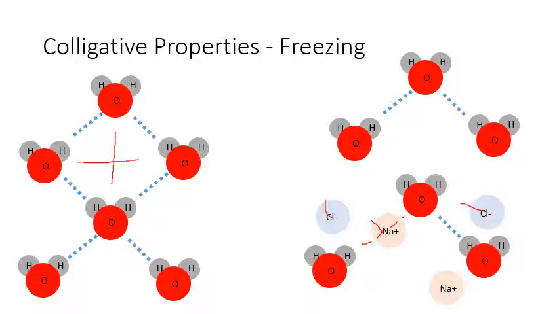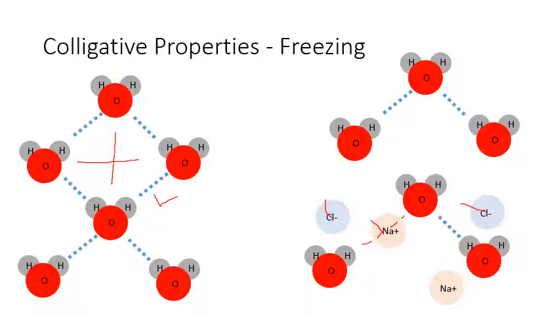So water is having a hard time manipulating and rolling into just the right spot to form these really good hydrogen bonds. And because it takes longer for that to happen, the water has to cool down a little bit more. And that means that water with salt in it has a lower freezing point than water without salt.